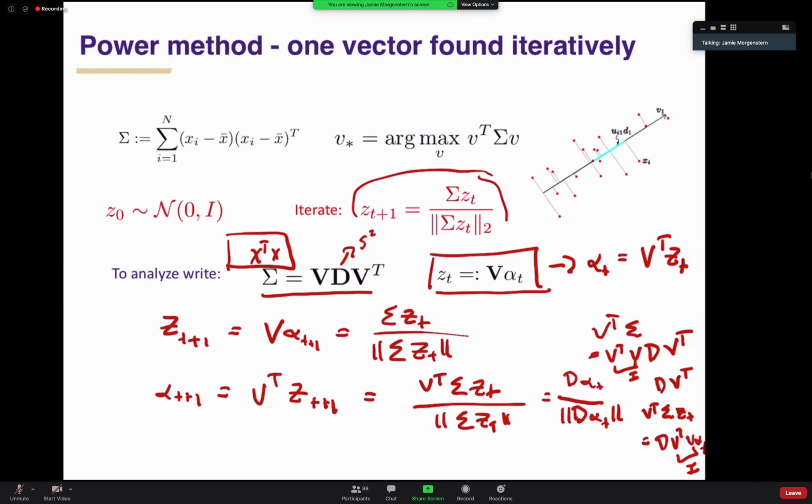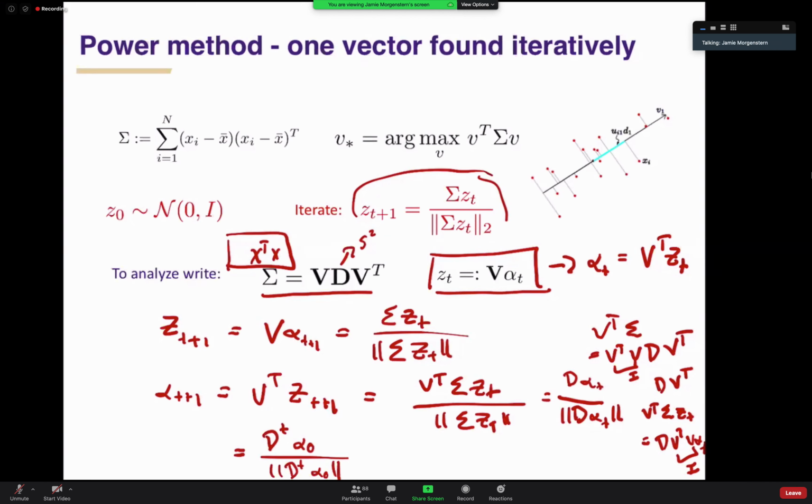And I wrote alpha t plus 1, these coefficients, as a function of this diagonal matrix squared and the previous coefficients. If I roll that back and define this not just in terms of alpha t, but alpha naught, we can also show, just by doing some basic induction, that this is equal to d to the t alpha naught over the norm of d to the t alpha naught.